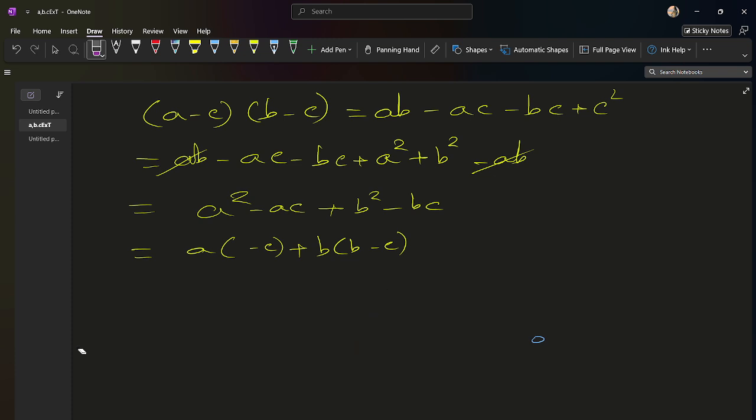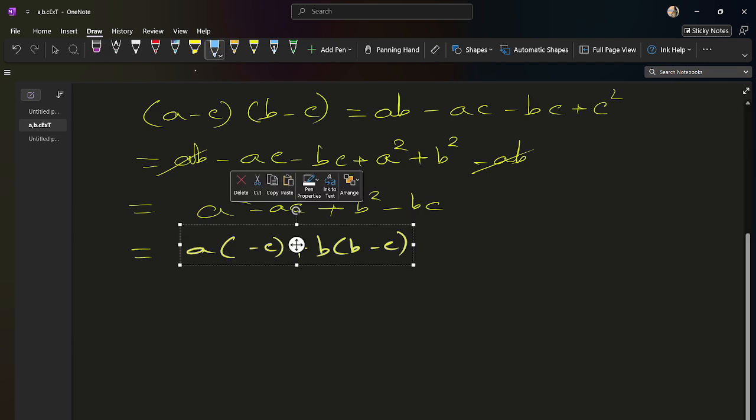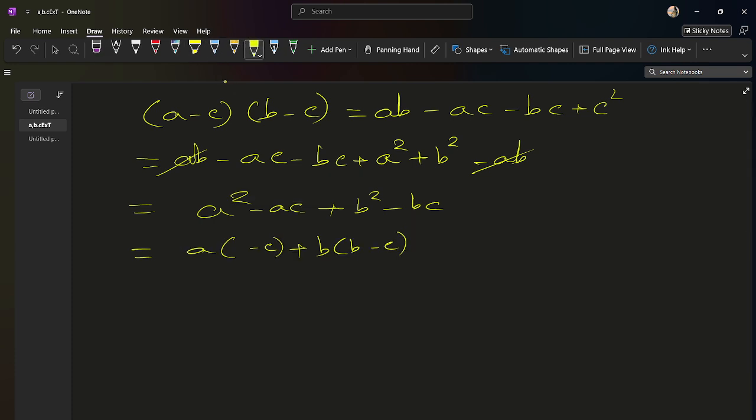So the only possible cases are a less than or equal to c less than or equal to b, and b less than or equal to c less than or equal to a.